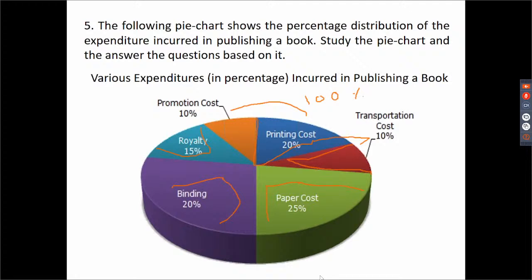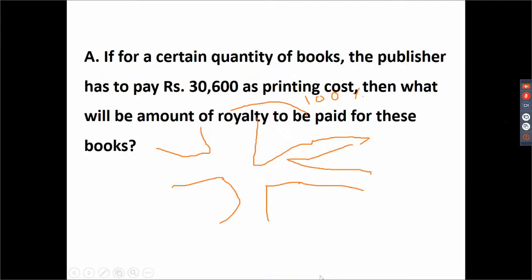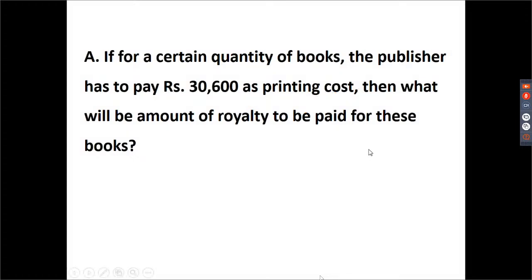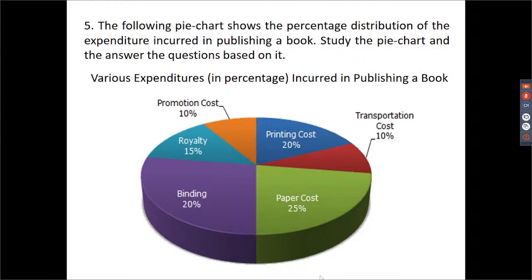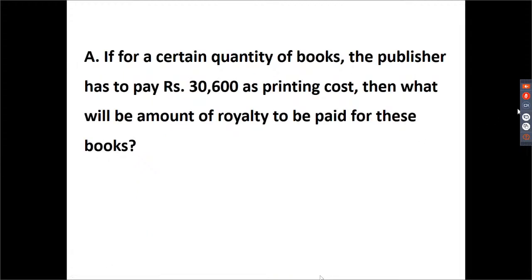Okay, but here, what is the given question? 30,600 rupees as a printing cost. For the same number of books, what is the amount of royalty? Nothing but the printing cost is 20% and royalty cost is 15%.